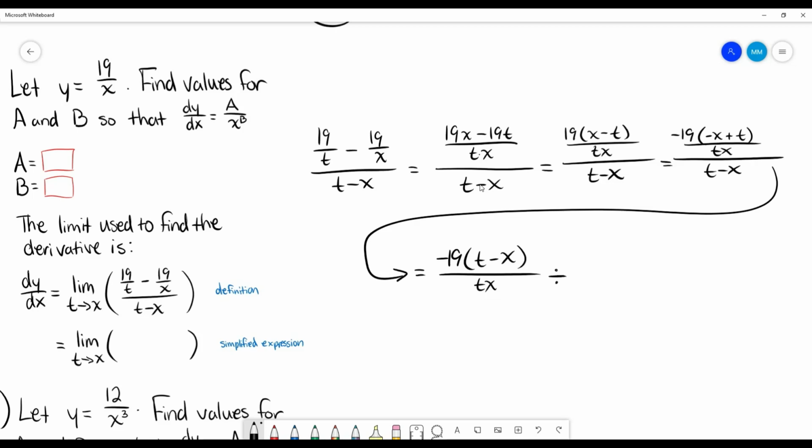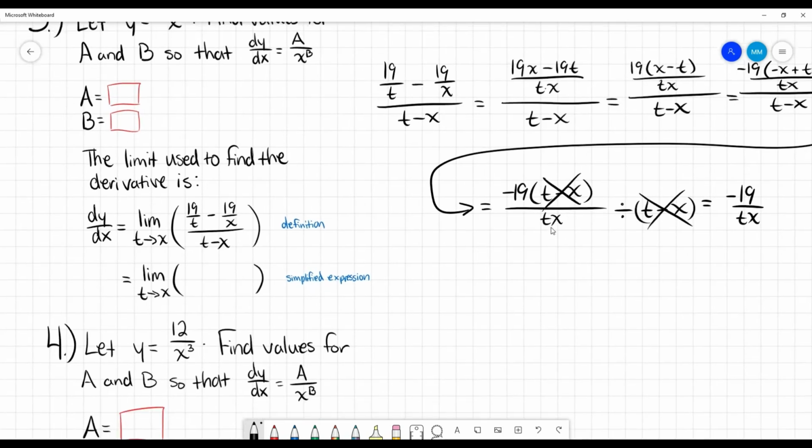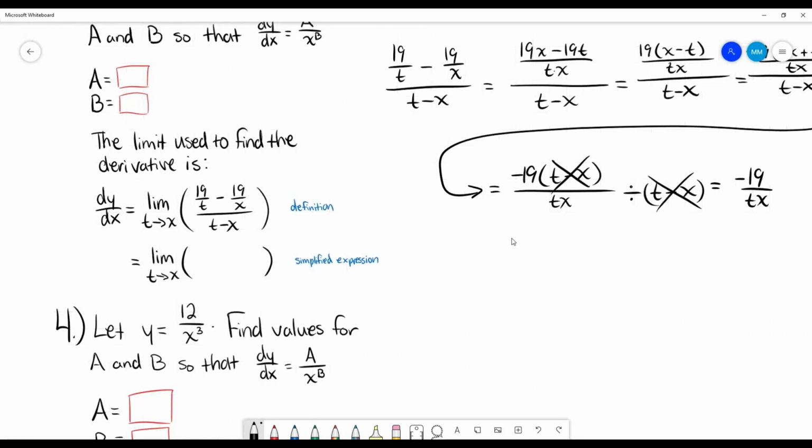And I could actually rewrite that a little bit. Instead of using a fraction bar, I can write it like this. Which shows us pretty clearly that this is going to be able to cancel out with this right here, which just gets us a negative 19 over t times x, which if we go back in and plug that in here, we've got a negative 19 over t times x.